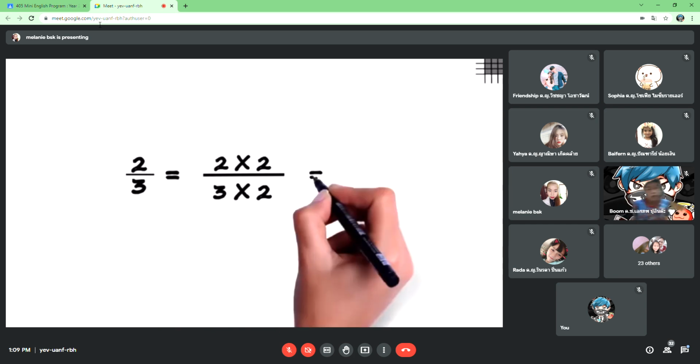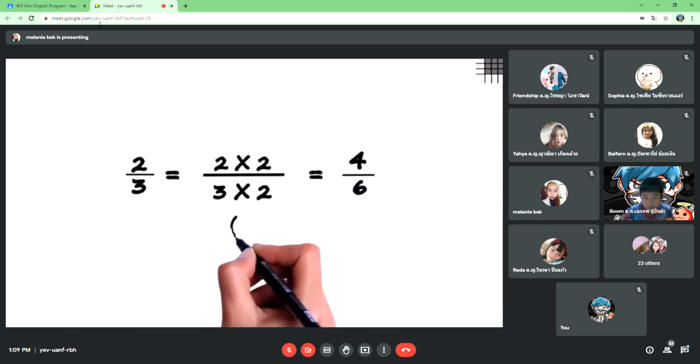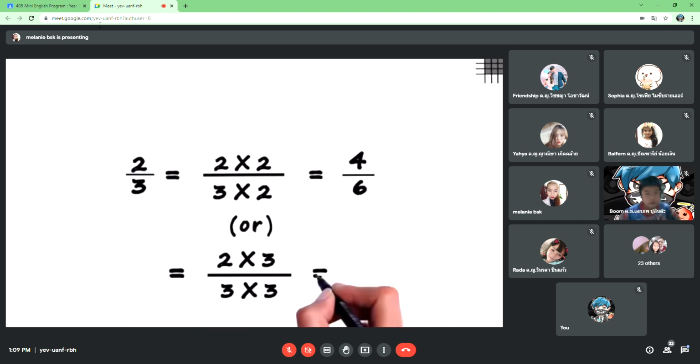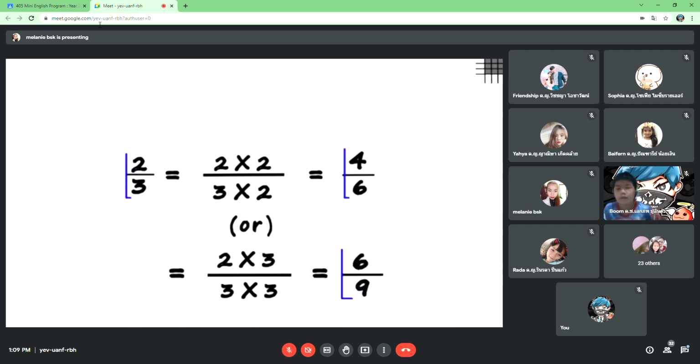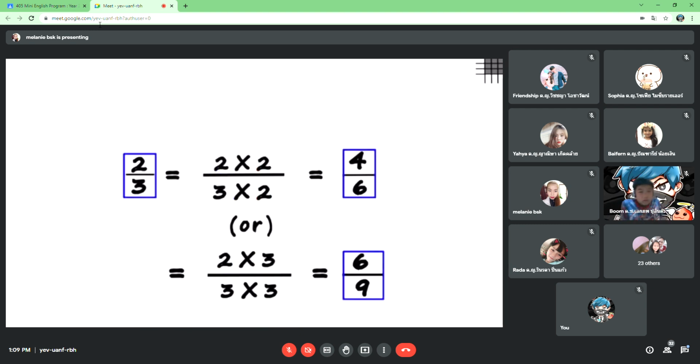So this will equal 4 by 6. These two fractions have the same value. Or we can also multiply the numerator and the denominator by 3 to get 6 by 9. All these three fractions will have the same value. If we multiply the numerator and the denominator by the same value, the fraction's value remains unchanged.